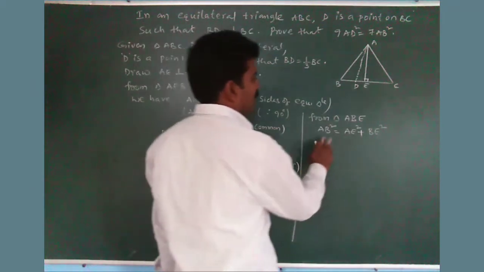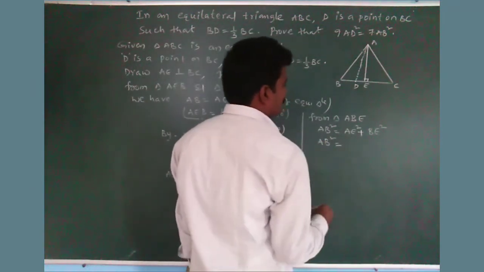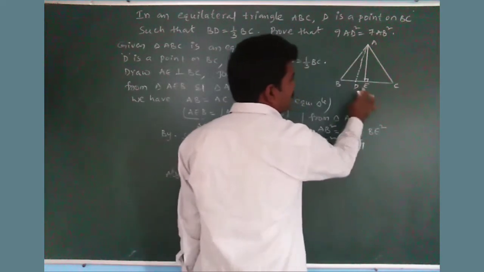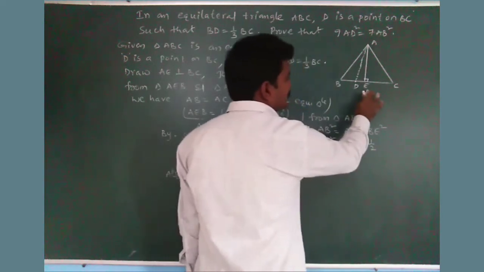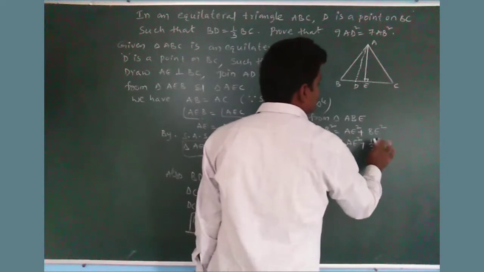This is AE square plus BE, which is nothing but half of the entire BC, whole square.